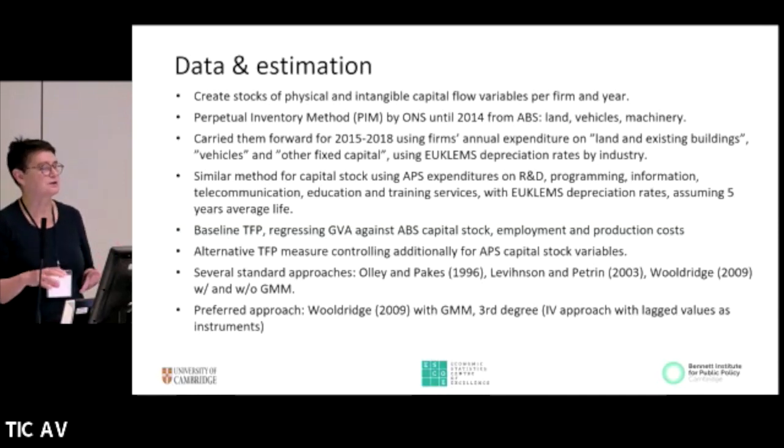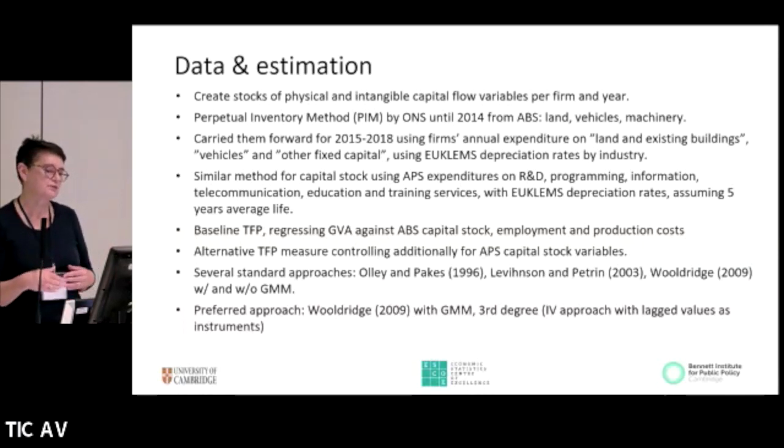And then we constructed 2 kinds of capital stock measures, 2 kinds of total factor productivity measures, one the conventional one, and one total factor productivity using these new capital stock measures. And the regression results that I'll be reporting later are using the new alternative TFP measure.